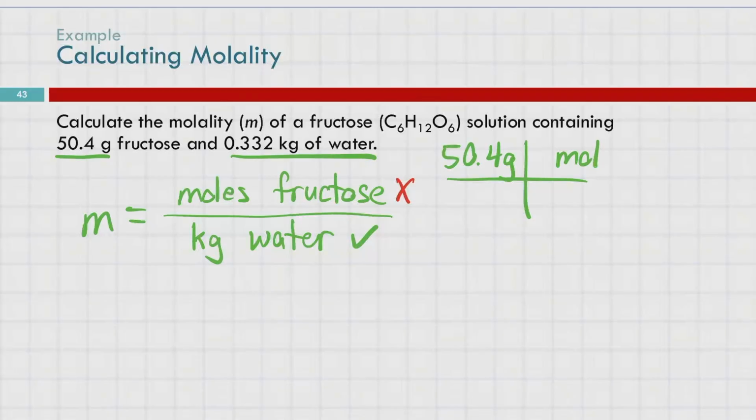So we'll just real quick calculate the moles for fructose. The molar mass is about 180. So the moles of fructose, 0.279 ... because there's other stuff after that.